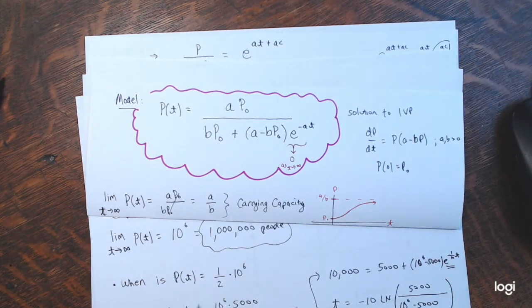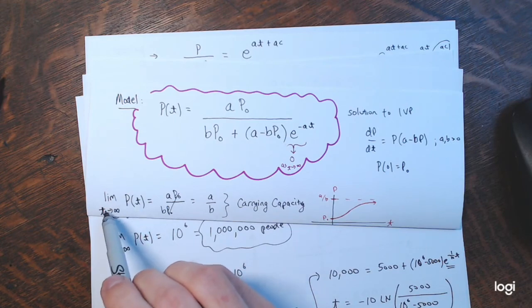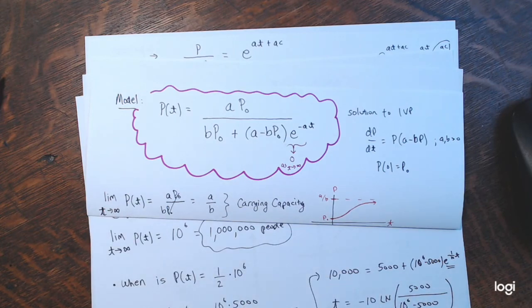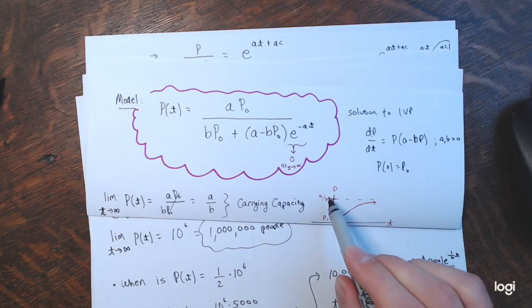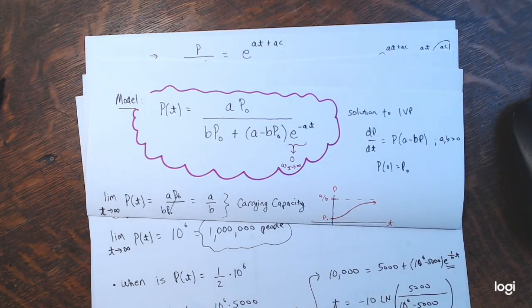And also remember what they mean by limiting population or carrying capacity. That's what happens to the population as time goes to infinity, as time blows up. It's kind of like a horizontal asymptote for the graph of the population model.